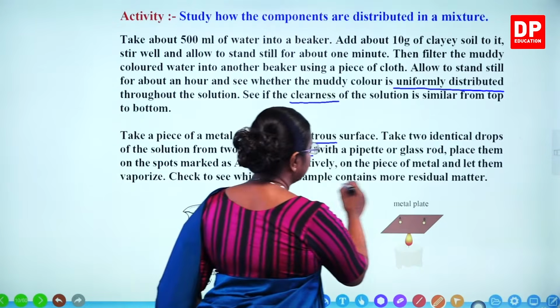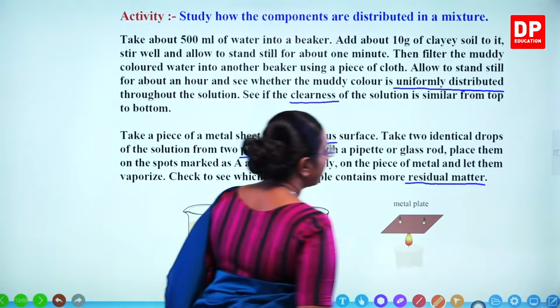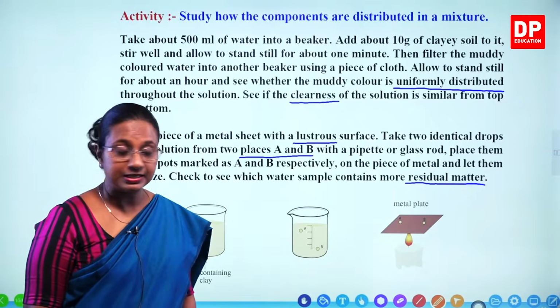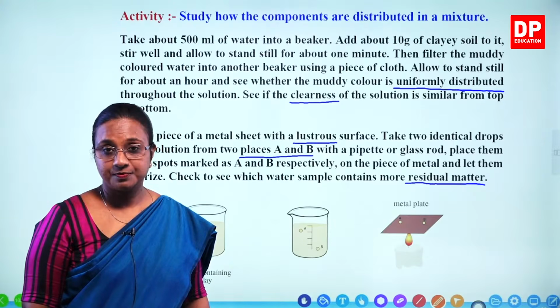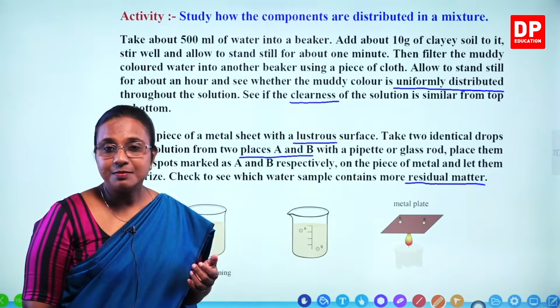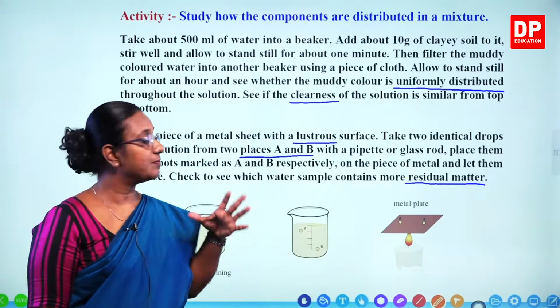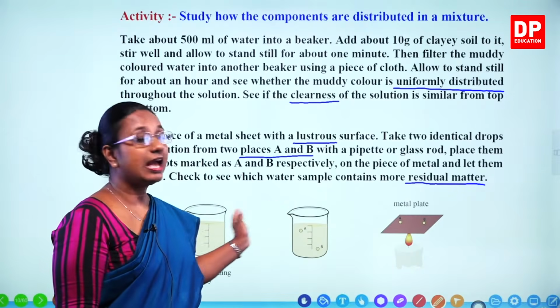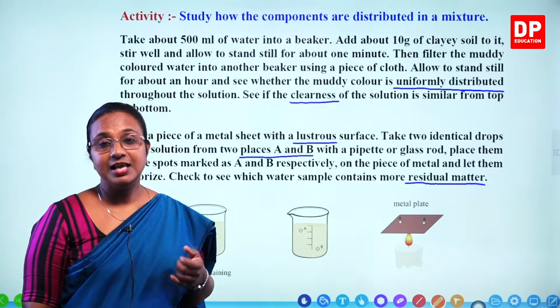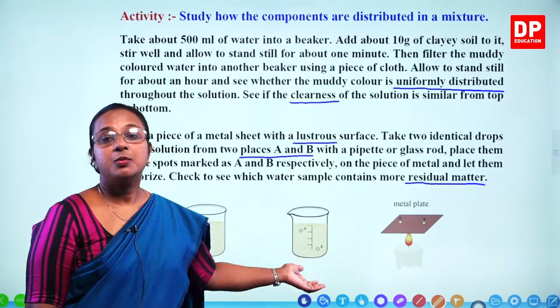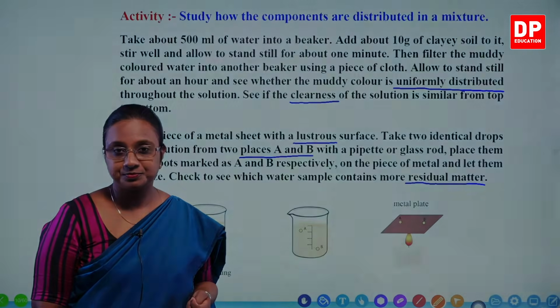And here again you can observe the amount of residual matter that is present in these 2 spots. So this is a very simple activity, students. I am sure you already have seen these observations. You know what it has to be. Let us observe what happens there.